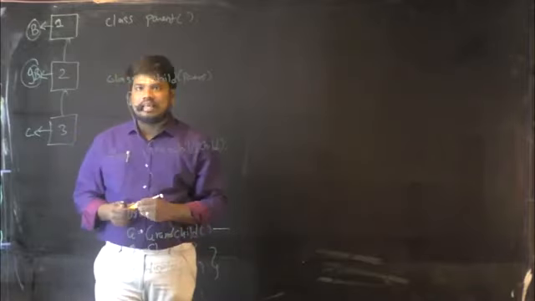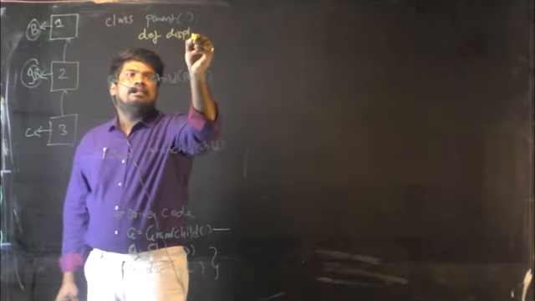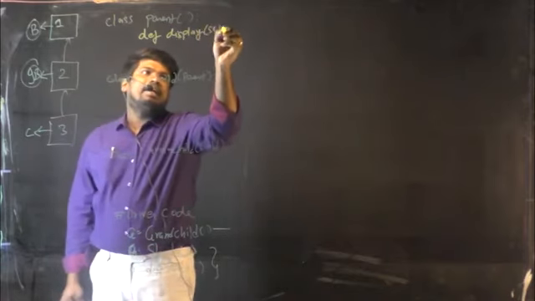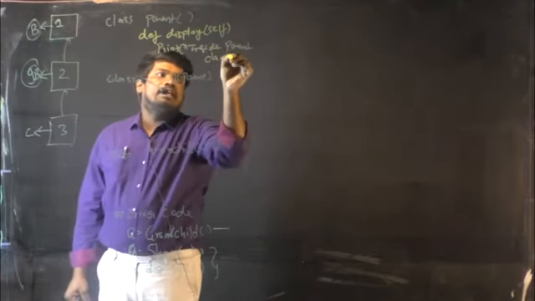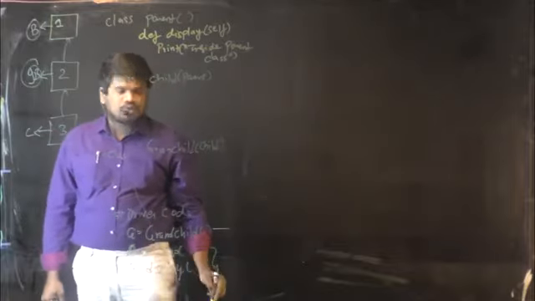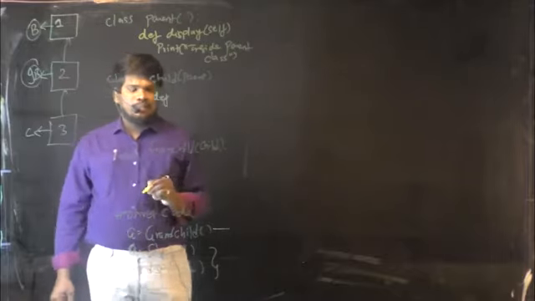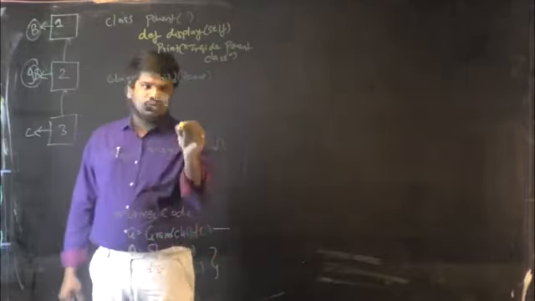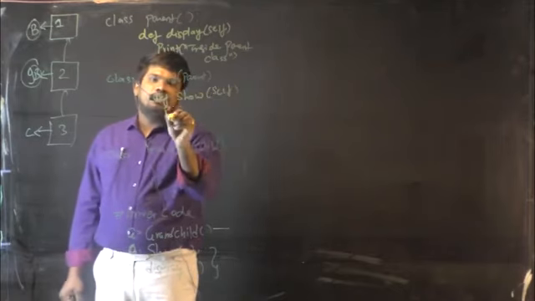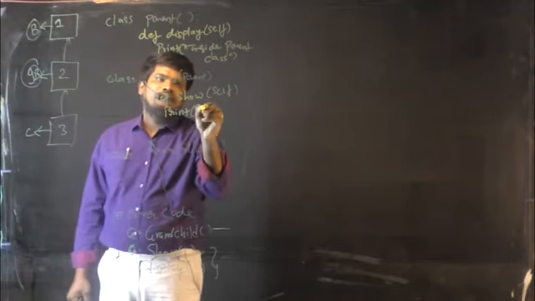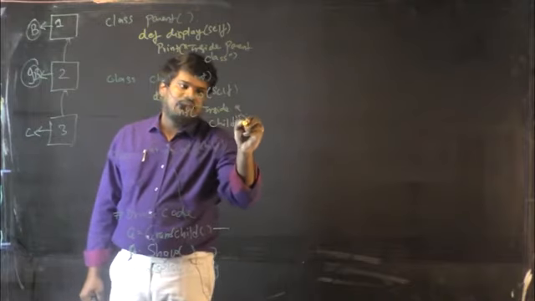So observe carefully. Here I'm taking one method, def display, and inside it, self, print inside a parent class. Next, I'll take one more method, def show, with self, print inside a child.